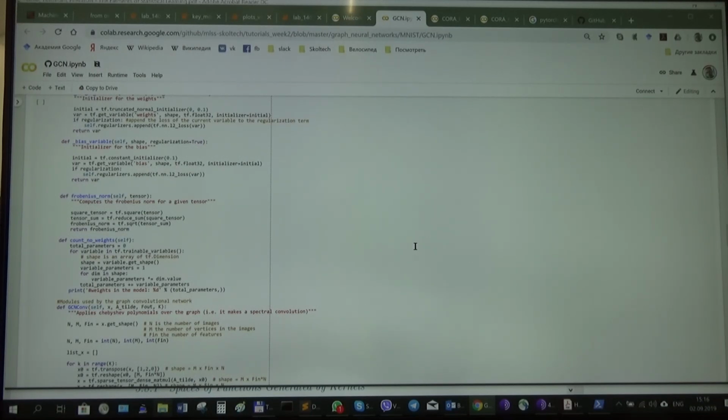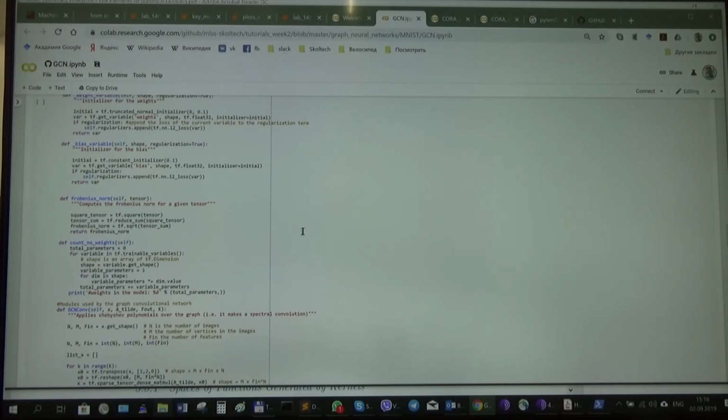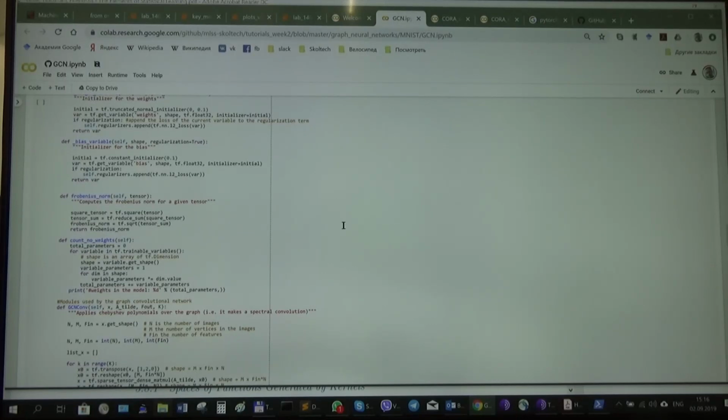So you can effectively classify graphs into categories. And it works pretty well. But MNIST is a really simple data set, right? I think even a two-layer perceptron does pretty well on MNIST.